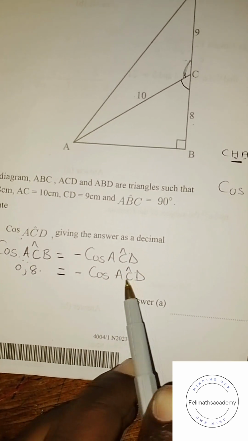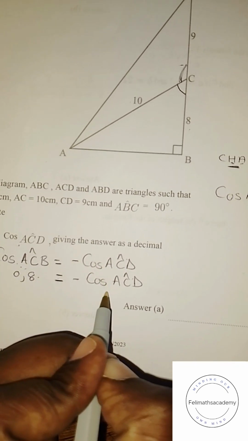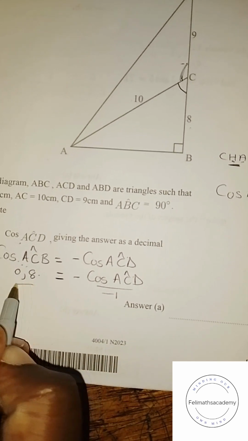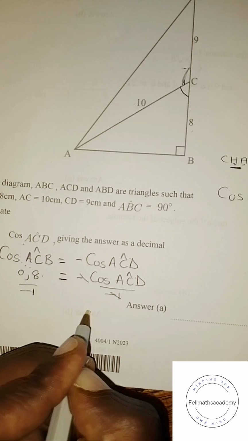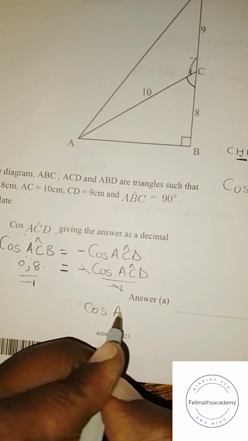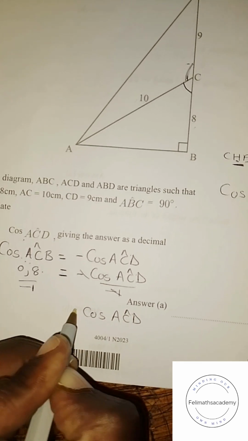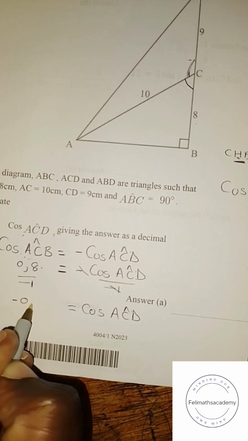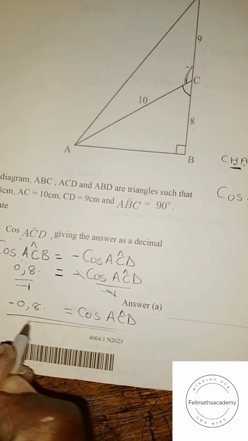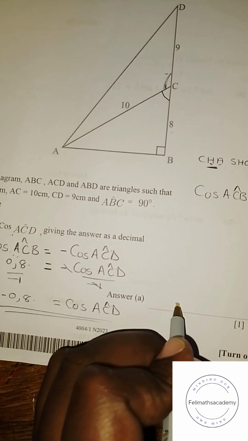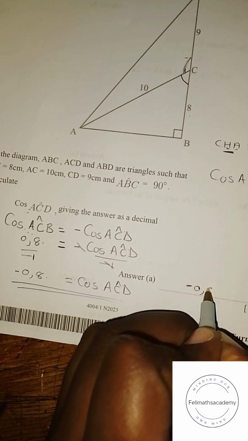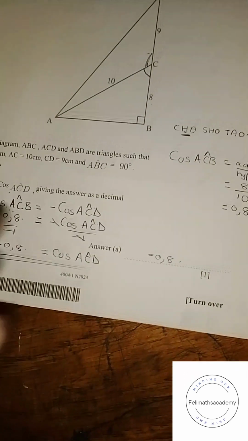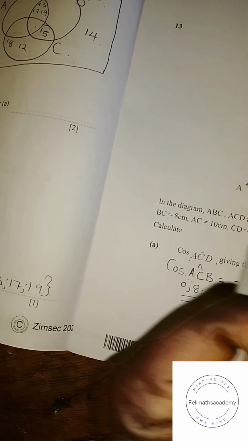To find the cosine of ACD, we divide by -1. So cos ACD will be equal to negative 0.8. So that's our cosine of ACD.